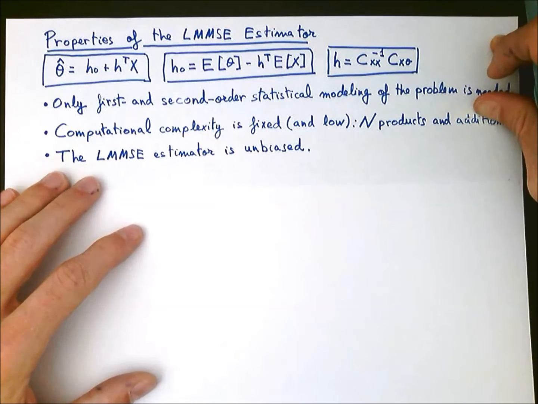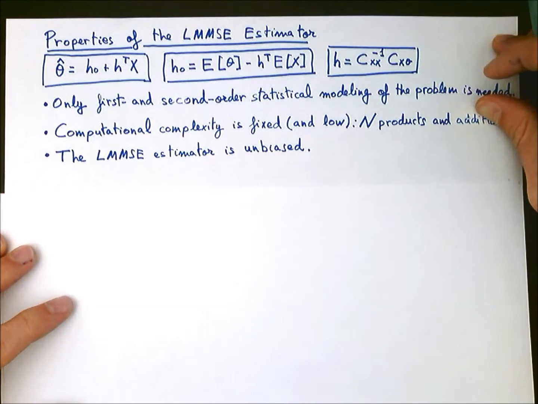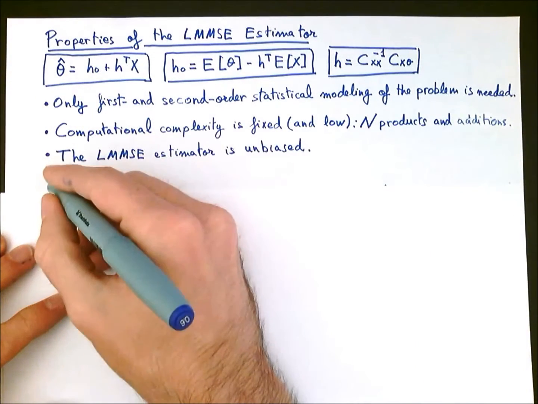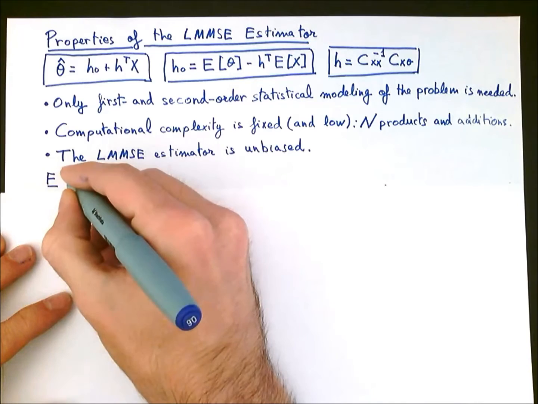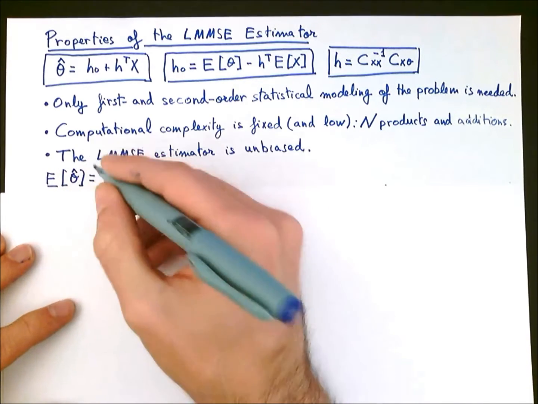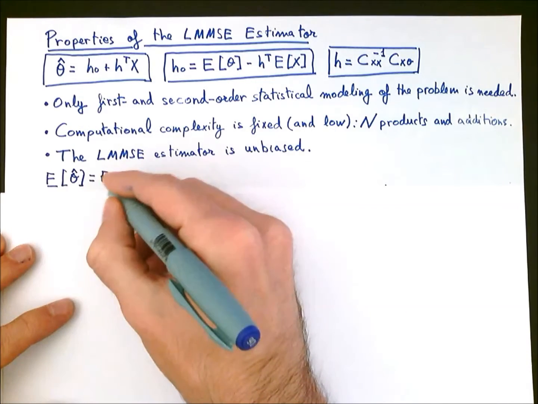Another good property is that the LMMSE estimator is an unbiased estimator, as the MMSE was. We can show this pretty easily if we try to compute the expectation of the estimator, and we write it in its form.